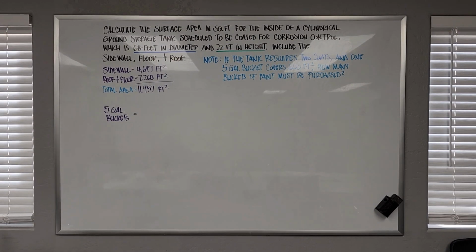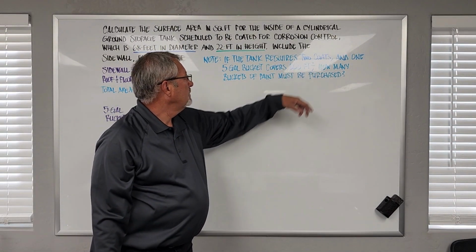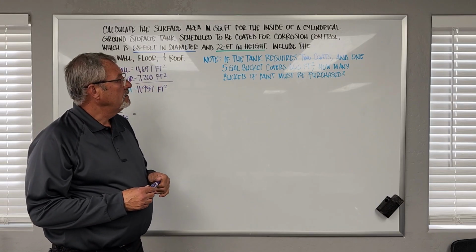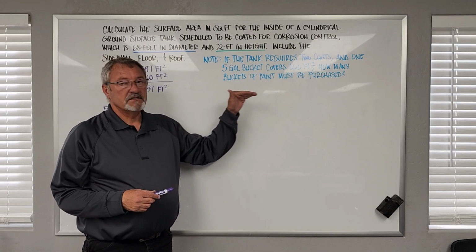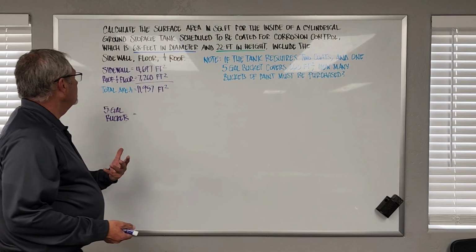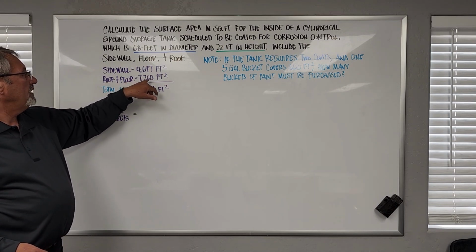Okay, this problem goes on to say, if the tank requires 2 coats and one 5-gallon bucket covers 600 square feet, how many buckets of paint must be purchased? Previously, we calculated the sidewall square footage, and the roof and the floor combined square footage.